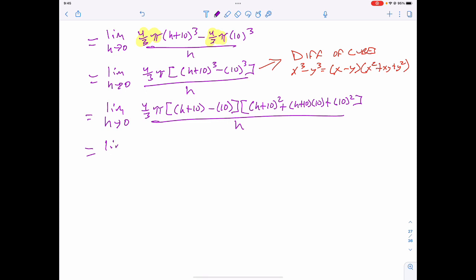Well, the easiest part here, obviously, is the h plus 10 minus 10 is just going to give me h.